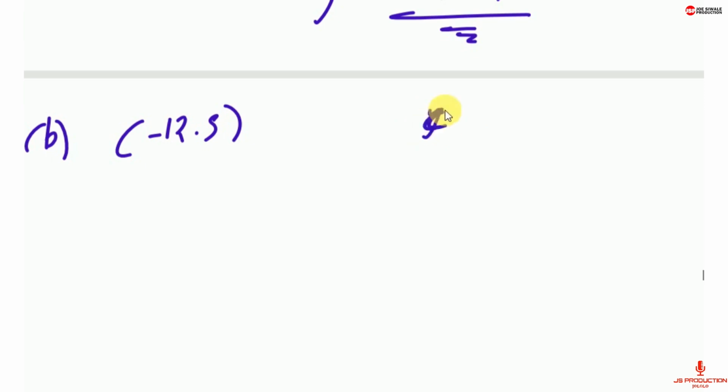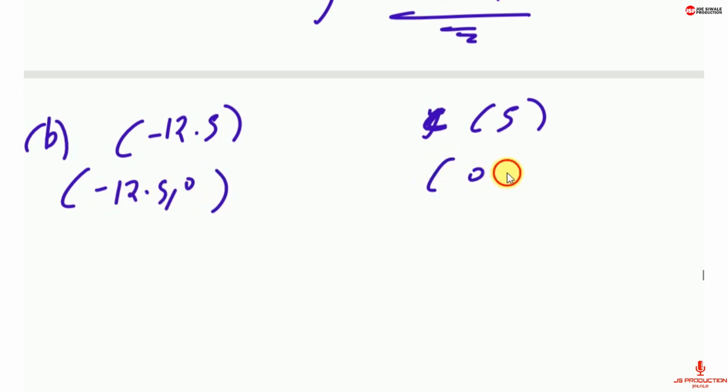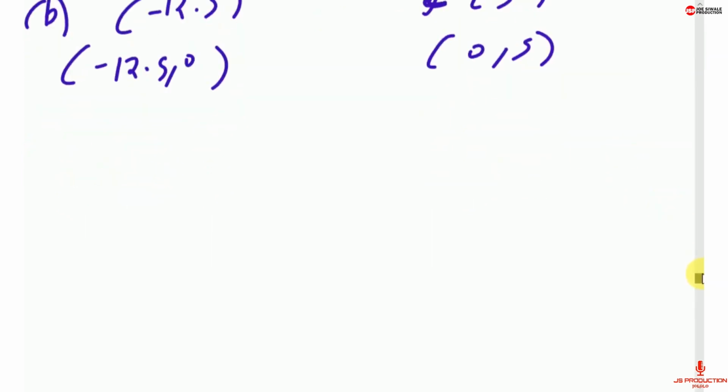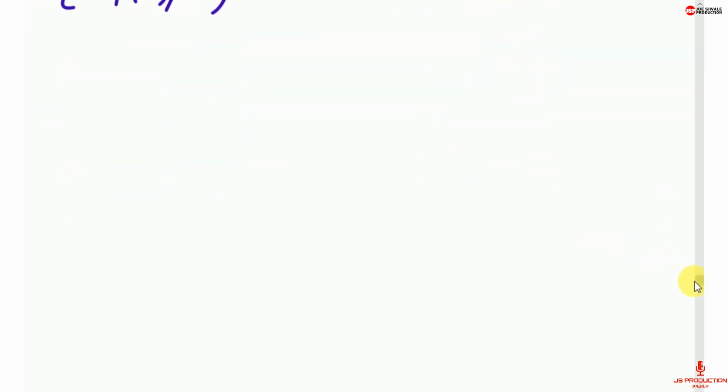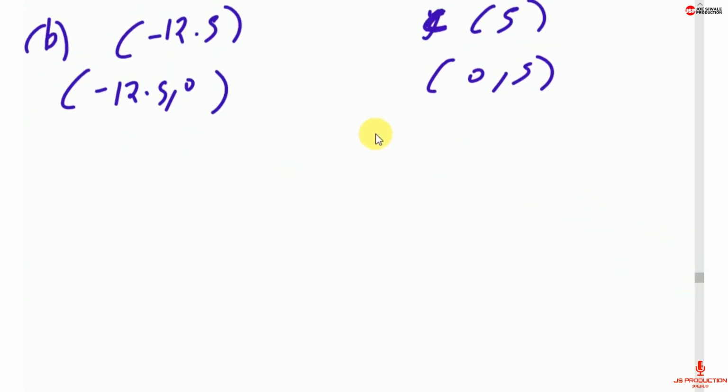So our y-intercept, which is c, we know that's 5, and from that we can write down the two coordinates. We can say (negative 12.5, 0). We can also say (0, 5). To solve this question, you can also use two methods, but I'm just going to use one method. Make sure you do the other method, which is method 2, and compare the two answers.